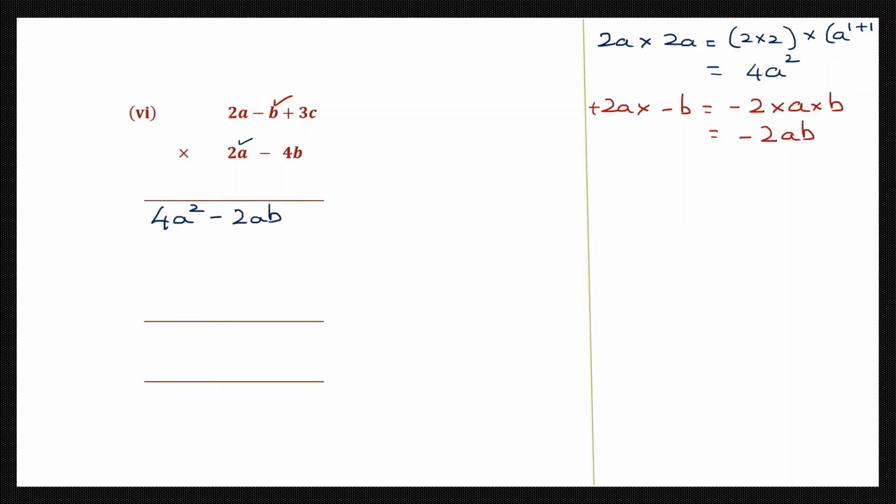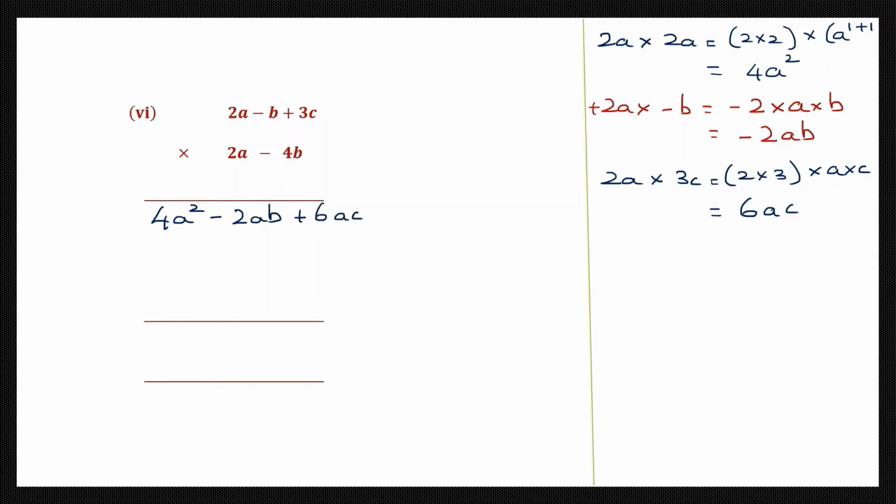So now I'm going to multiply 2a into 3c. So let's do that, 2a into 3c. So first the numbers 2 into 3 and then we have the literals only 1a and only 1c. So here what do we have? 2 3s are 6ac. So that will be plus 6ac. So I finished multiplying with 2a.